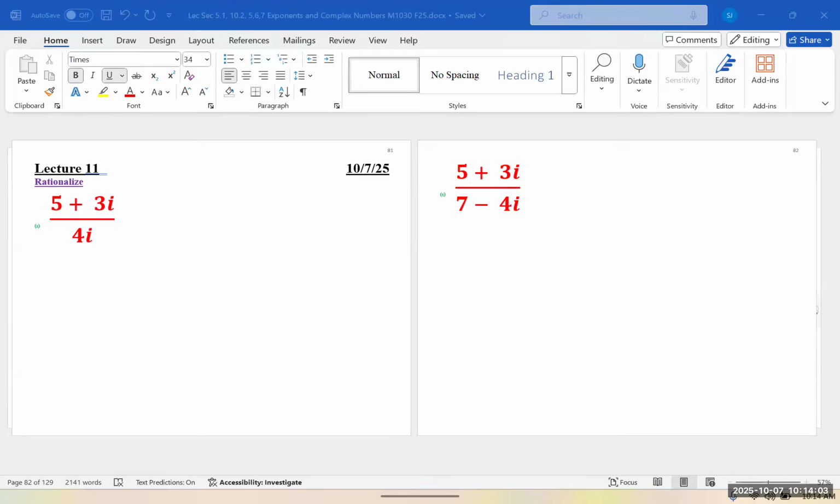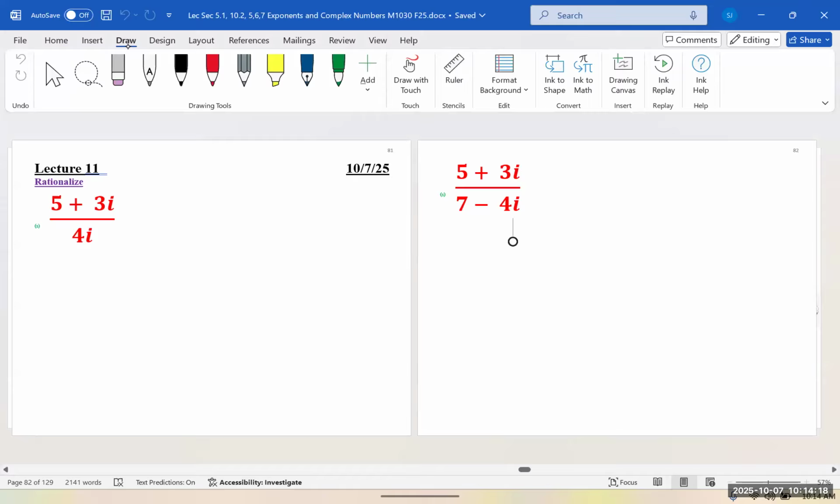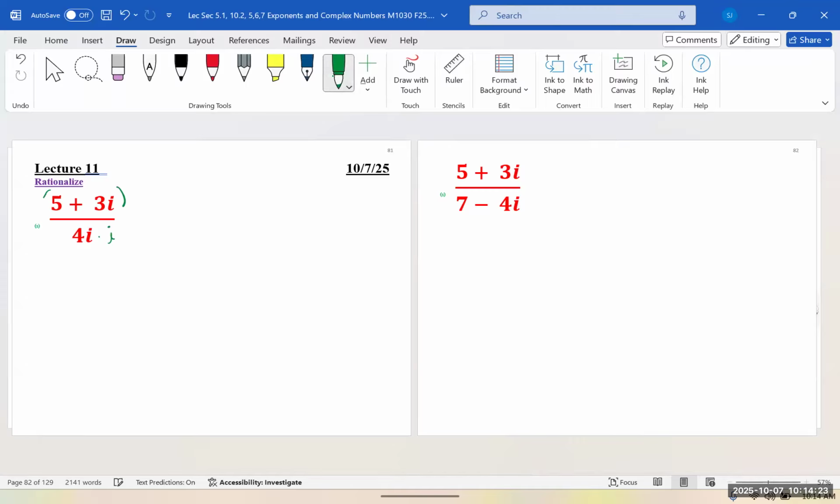The left page. So 4 is a real number. Do you have any problem with real number? So you don't need to worry about 4. What is our problem here? i. So we only multiply by i. So multiply numerator and denominator by i.